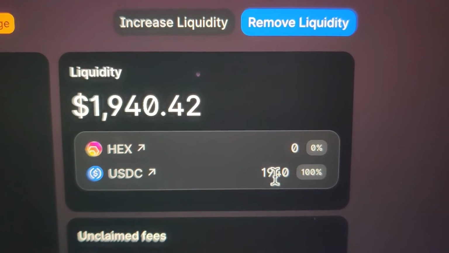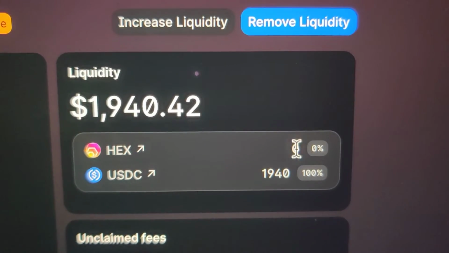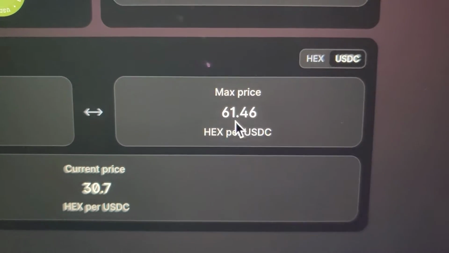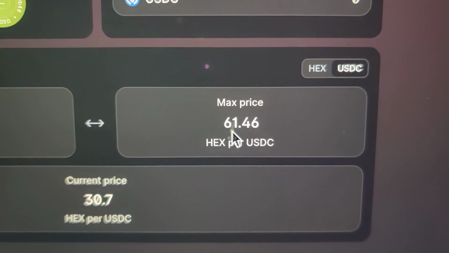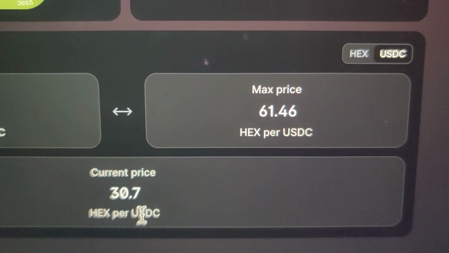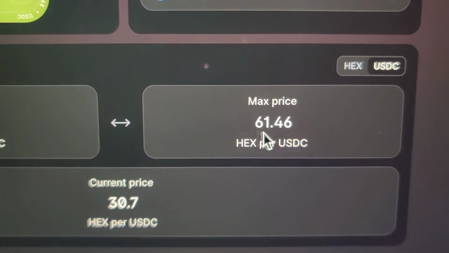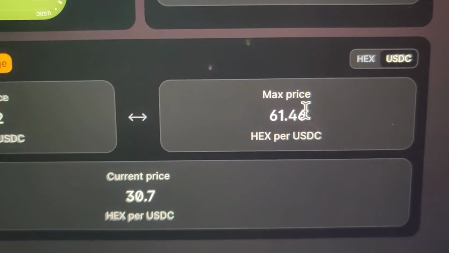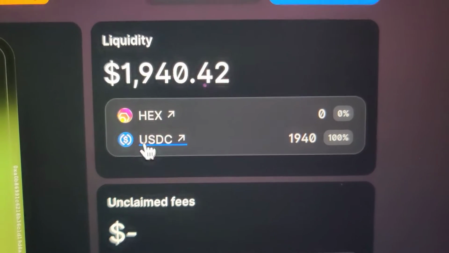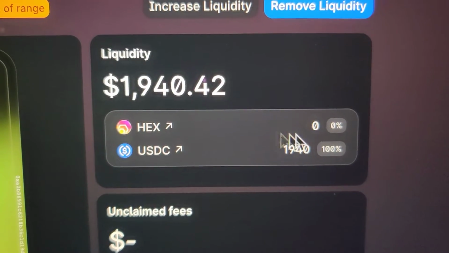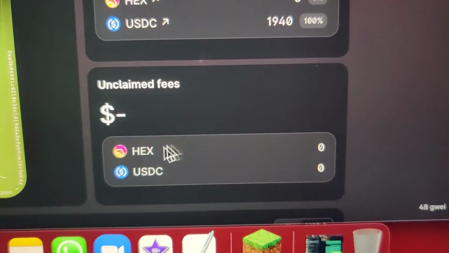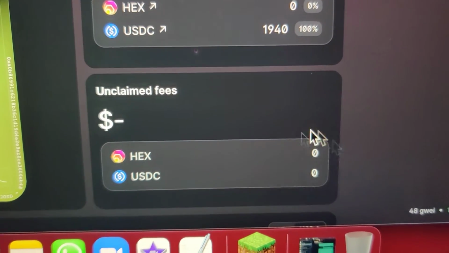So I'll either have a bunch of USDC, or if the price drops all the way down to where it's like 1.5 cents, then the current price will be more than 61. I don't know if this is making any sense, but then my USDC will be 0, and I'll have a crap ton of cheap Hex, and I'll have a little bit of fees.